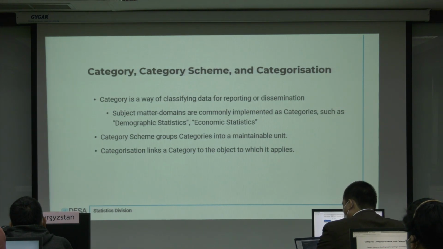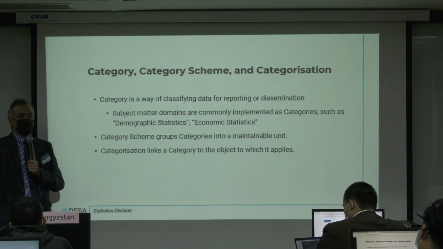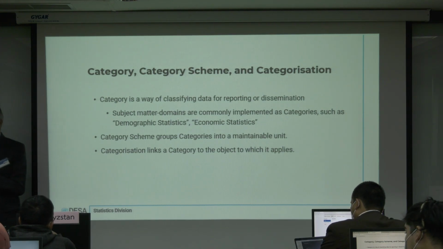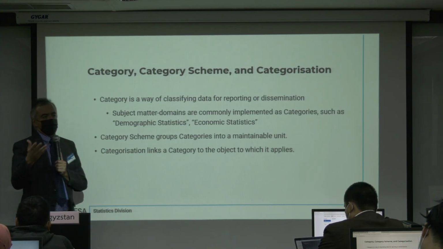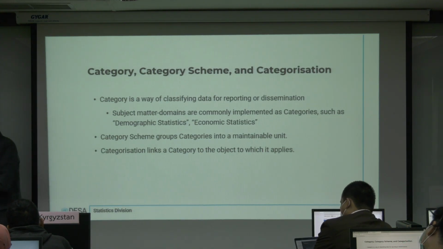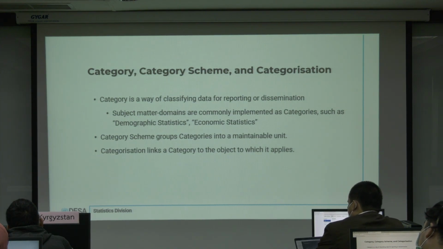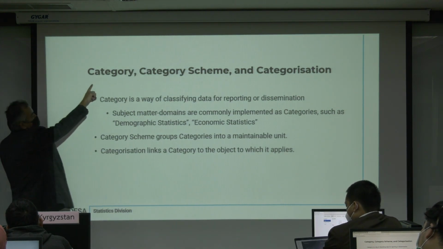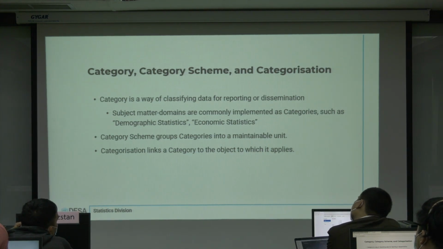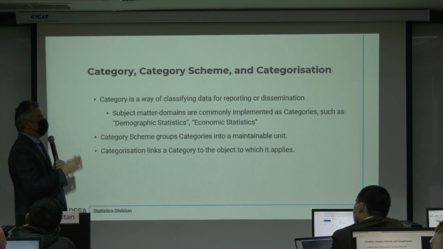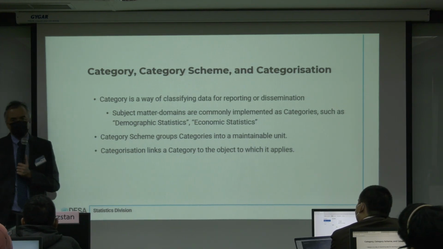It's basically a label. A tag that you can attach to things like a tweet or an article on the web. And that lets you quickly identify articles or tweets which are related to a particular subject. Category in SDMX is just that, a tag. A way of classifying data for reporting or dissemination, primarily for dissemination.